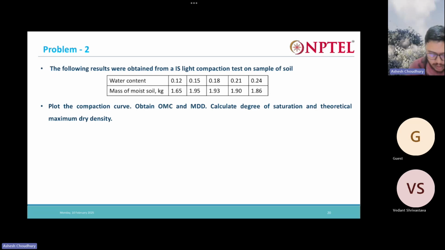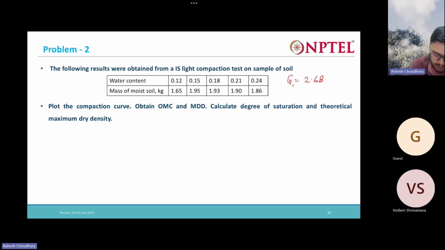Okay, so water content is given and the mass of moist soil is also given. First, you make a table. One more piece of information is given: G is 2.68, the specific gravity of soil solids. Now you can form a table and write down all the quantities, so that it will be easier for us to calculate.